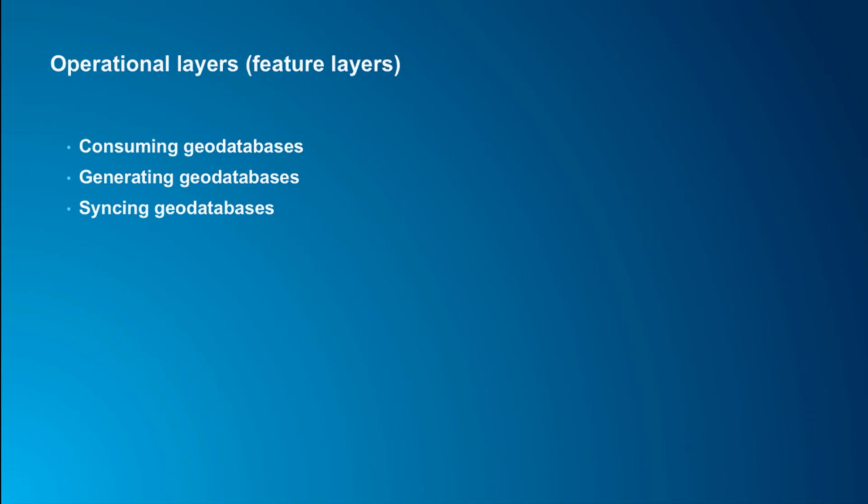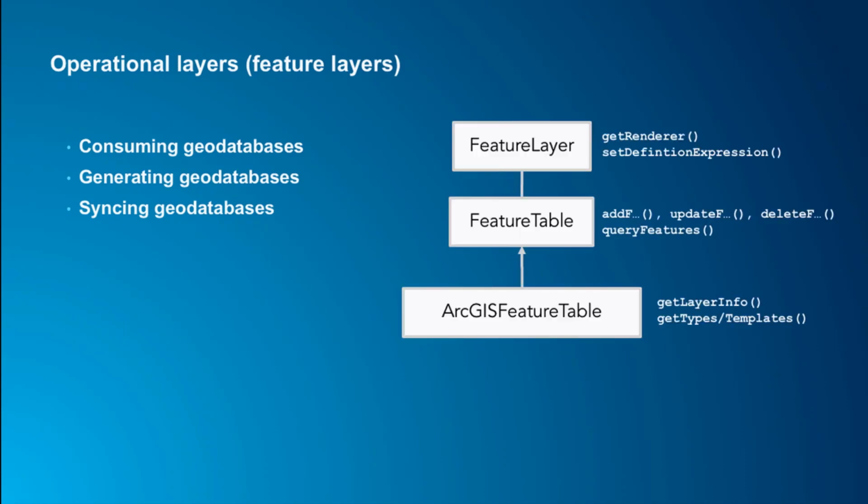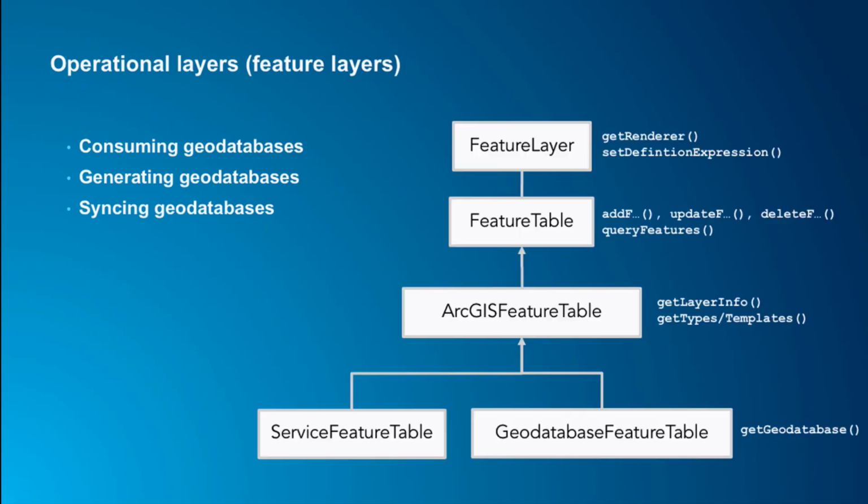In terms of working with operational layers, you work with feature layers and feature tables, and typically as a developer you're going to be programming against the ArcGIS feature table, and again that unifies the online and the offline workflows. So if you're working with a URL and an online workflow, you're working with a service feature table.